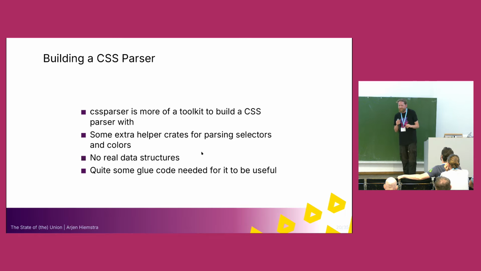There's also a bunch of modern CSS features that it just goes, yeah, you have to implement this yourself. Luckily, there are some bits and pieces, extra crates that help. Most importantly, there is a selector parser library or crate, also done by Servo, which takes care of the entire parsing of selectors.